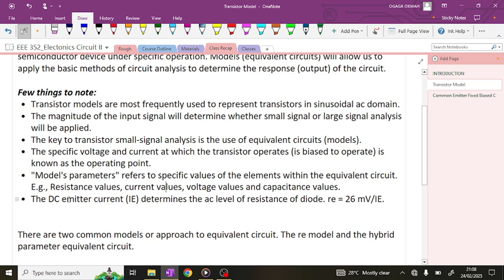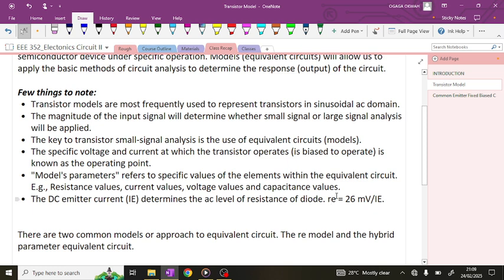The last point to note here is that the DC emitter current, which is IE, determines the AC resistance of the diode. Now, re equals 26 millivolts divided by IE.